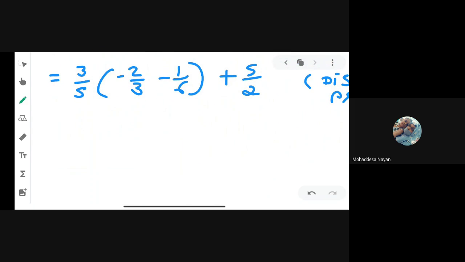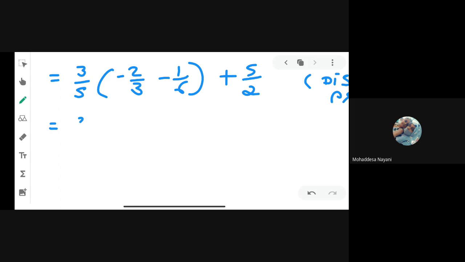Okay, now you can see. Now we have to solve this bracket first. And for this, whenever you have rational numbers or fractions, and you want to add or subtract them, we just do it on the numerators if the denominators are equal. But here the denominators are not equal.